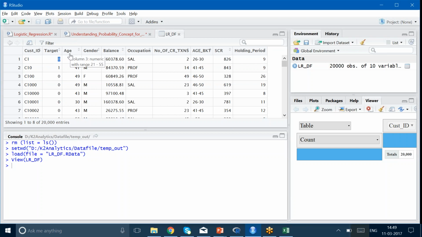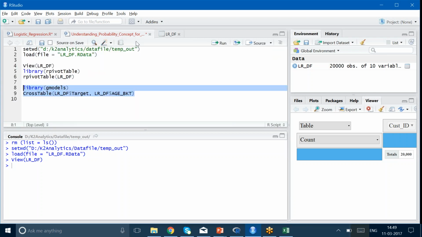The demographic variables available are age, gender, occupation. The behavioral variables available are balance, number of credit transactions, score, holding period. So these are the variables with which we are going to play around.